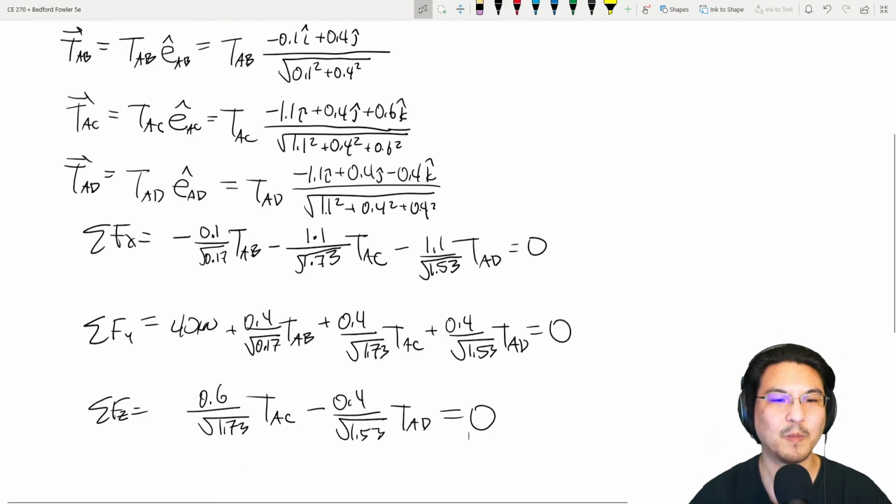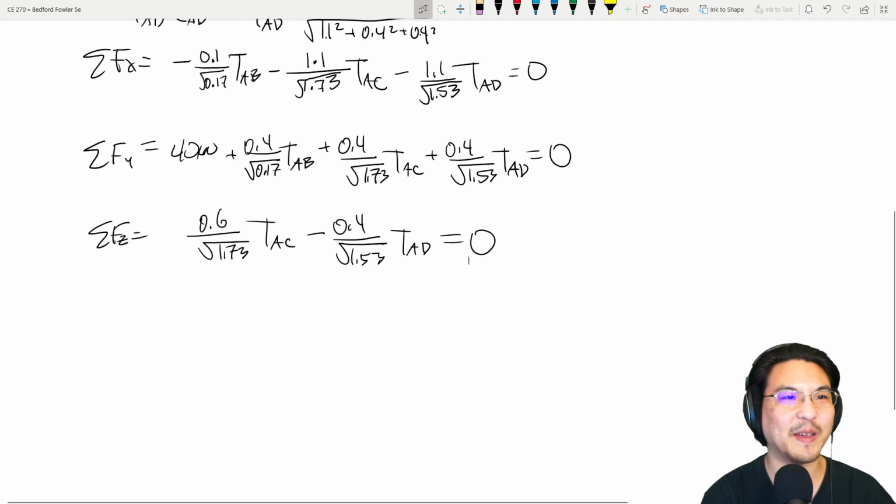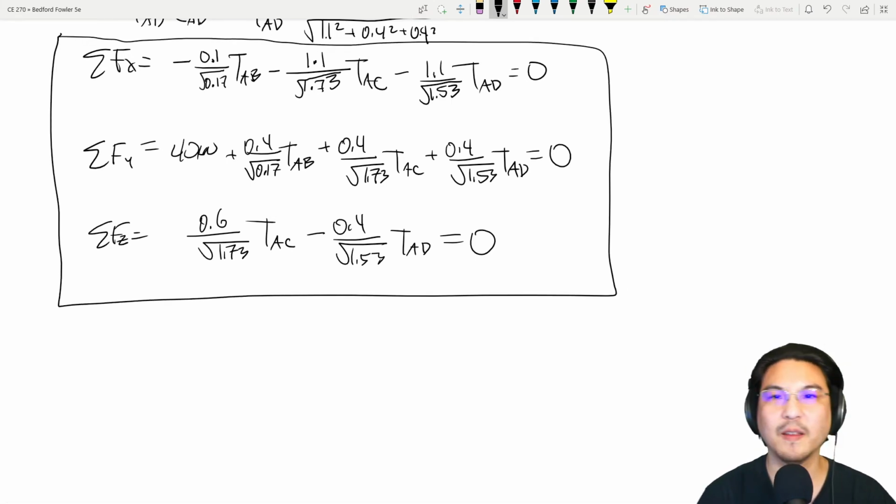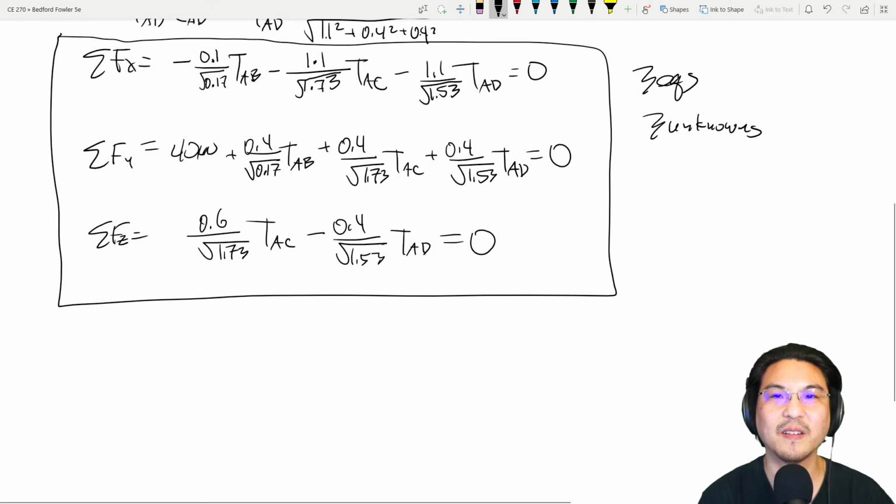Now we have three equations, three unknowns. The unknowns are here.